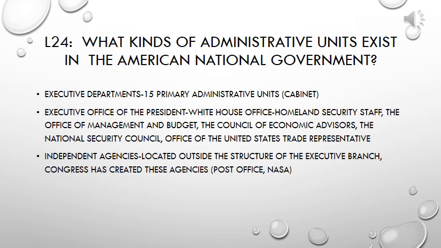The Executive Office of the President, some people call this the EOP, includes the White House Office, Homeland Security Staff, the Office of Management and Budget, the Council of Economic Advisors, the National Security Council, and the Office of the United States Trade Representative. These are all what we call the executive branch, and through the EOP they help the president enforce law.